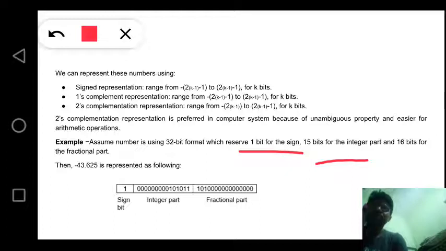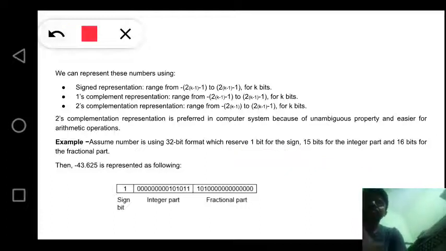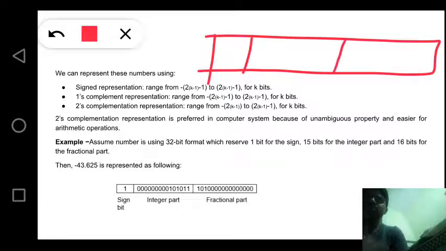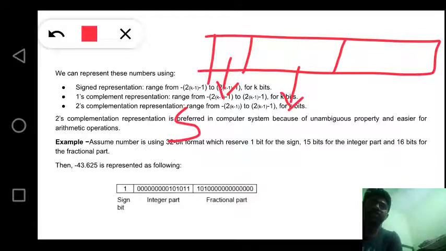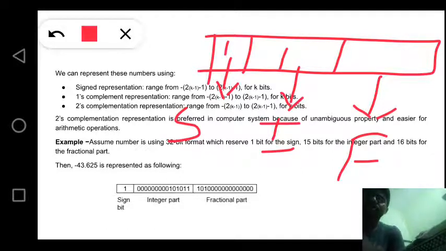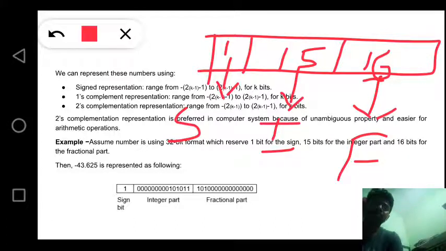So now we are trying to represent a fractional number which has parts: one is the sign part, this is the integer part and this is the fractional part. Here 1 bit for sign, 15 bits are used for the integer part, 16 bits are used for the fractional part.